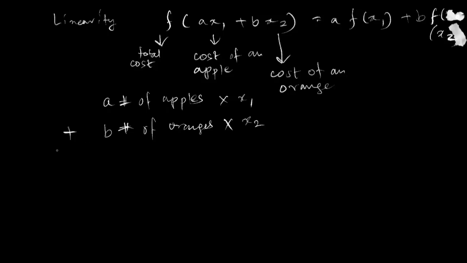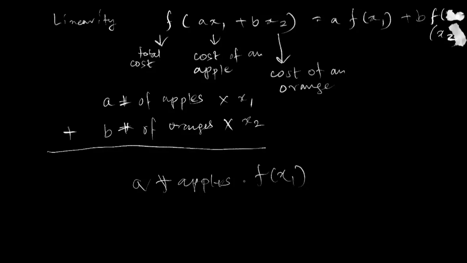is the same. So if we add this up, and if we do this separately, that is, if we buy oranges, if we add these two separately, that is a number of apples times f(x1), which is the cost of just an apple, plus b number of oranges times f(x2).